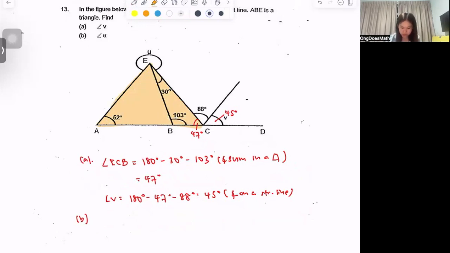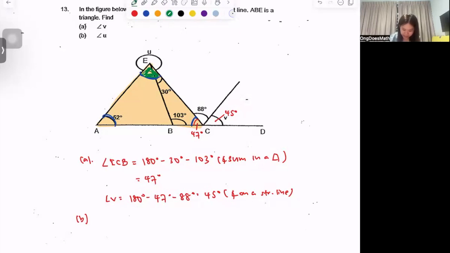Okay, so same thing, we will still use the same rule, which is angle sum in a triangle, which means the three corners of a triangle, this corner, and this corner should add up to 180. So what I want to do is I want to find this green angle over here.